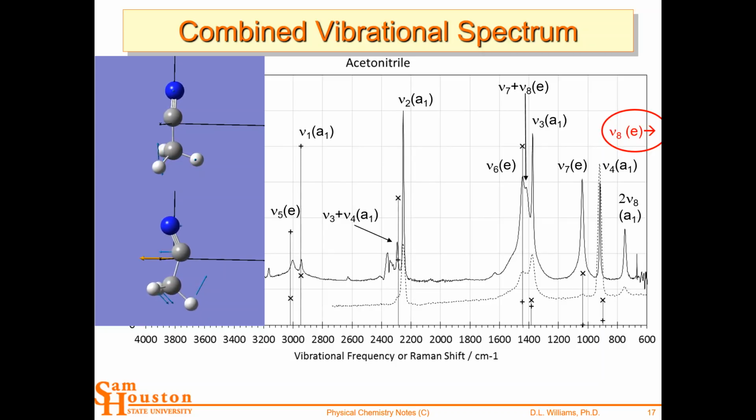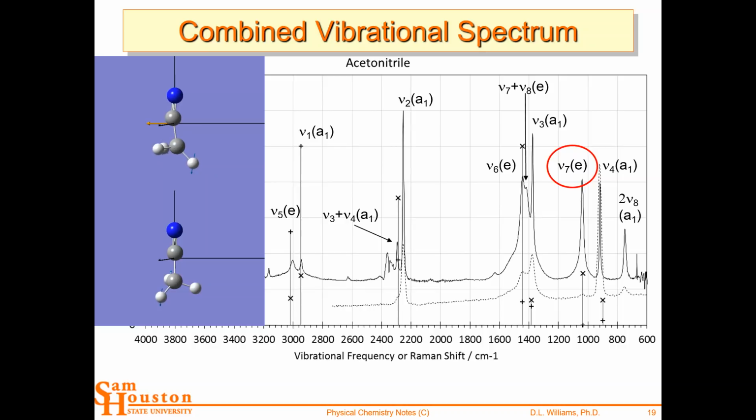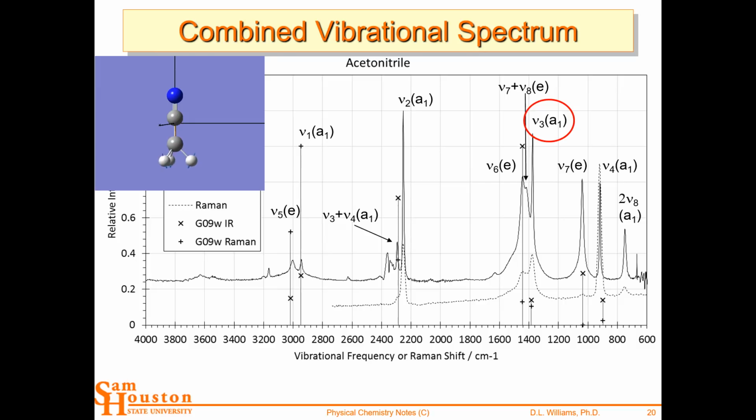And there's both motions in the X and the Y direction. Then we have the carbon-carbon stretch. That's nu 4. It's along the Z-axis, and so it's an A1 mode. Then we have nu 7, which is, again, in X and Y directions, but it's the same frequency, so that shows up at the same peak. Then nu 3 is the symmetric angle bend of those hydrogens.